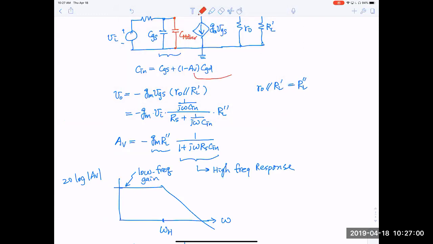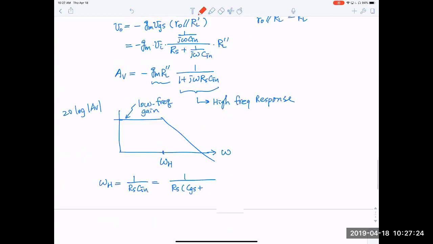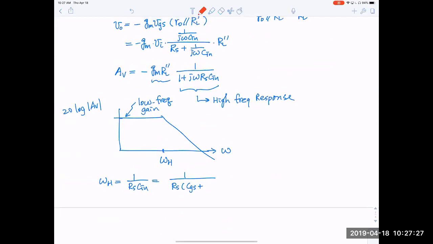We don't use the frequency dependent term here, otherwise we just go recursive. This is a never ending story. So here we just use the small signal DC gain. In other words, the DC gain AV is simply minus GM RL double prime. So we'll put that in here. So this will be 1 minus, so there are two minuses, so it becomes plus GM RL double prime, times CGD.